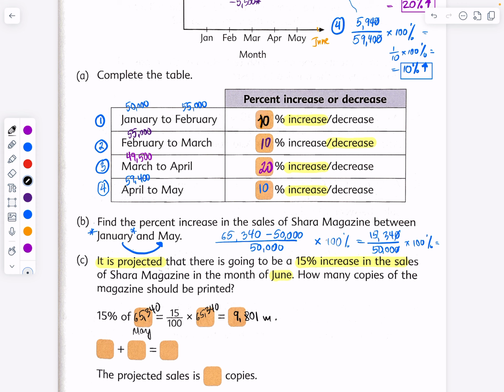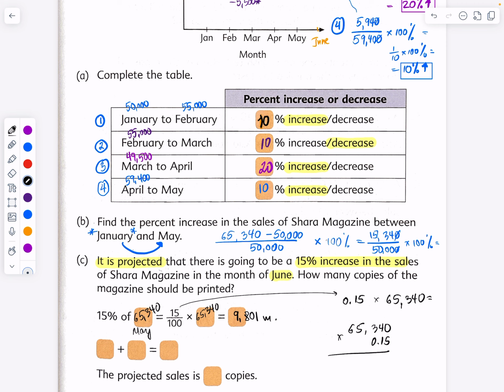Okay, so by the way, just to show you another way to do the math, 0.15, right? That's 15 divided by 100 and times 65,340. Let me rewrite it vertically. 65,340 times 0.15. That I know you can do yourself.